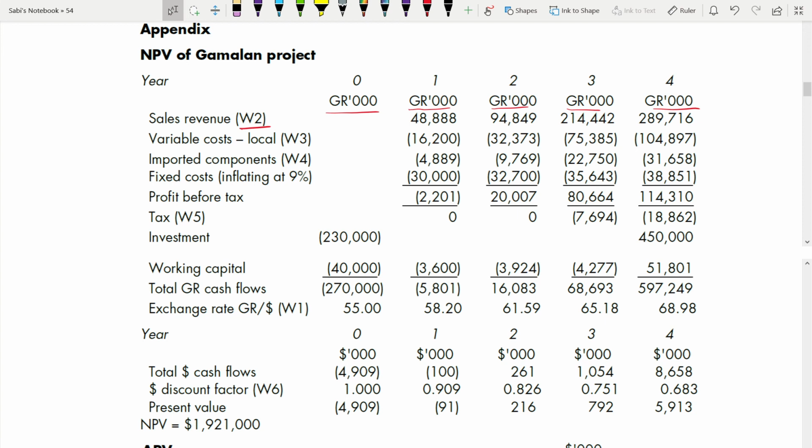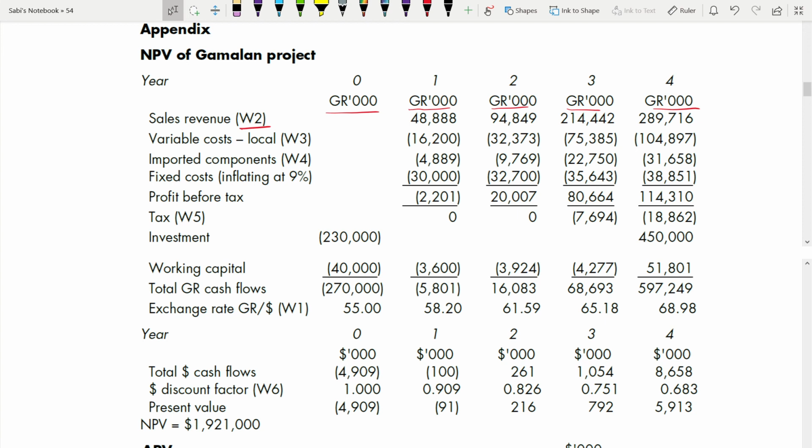So leave the space accordingly, go to the next page and start your working, only for sales. Whatever value you get, put it in that table. Come to the next, variable cost. Again for variable cost, go to the working, do the working, come to the table and write it. This should be your order of doing.